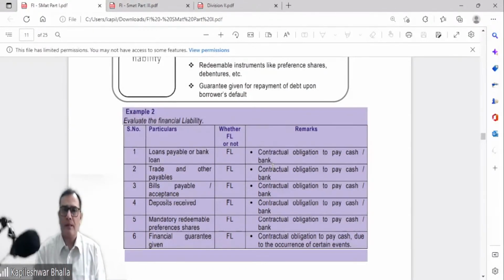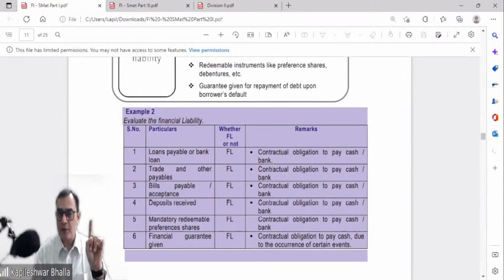Now there is a simple example number 2, which is given in the study material in unit number 1. And I think we'll just quickly run through the inputs and see whether it is a financial liability or not. Now, we are given the example of loans payable. If a company has got loans payable, is there a contractual obligation? Step number 1, yes.